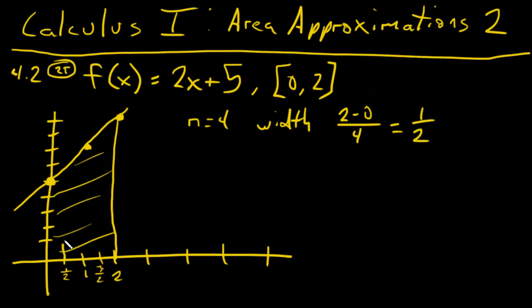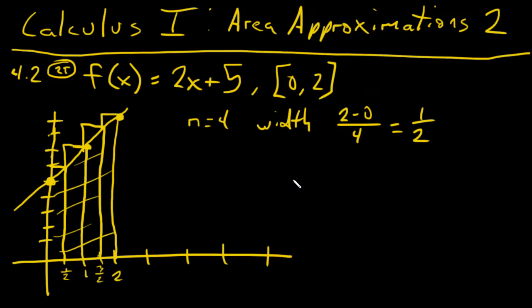Since it's the right endpoint, I go up using the right side of the rectangle, go over. Not all the way like that though. Like this instead. And then all the way up and over, and finally all the way up and over, assuming I can draw and all these are the exact same width.